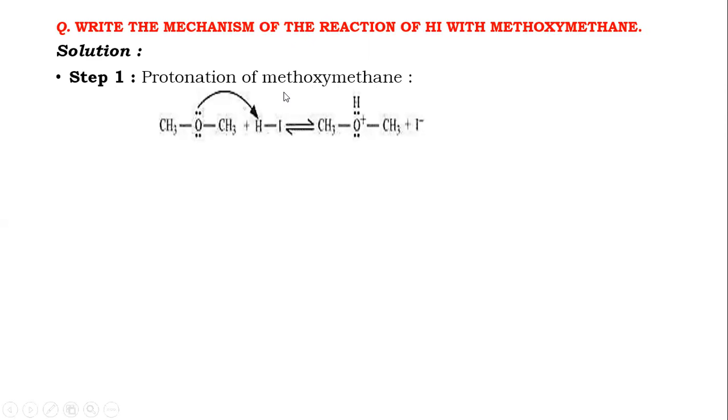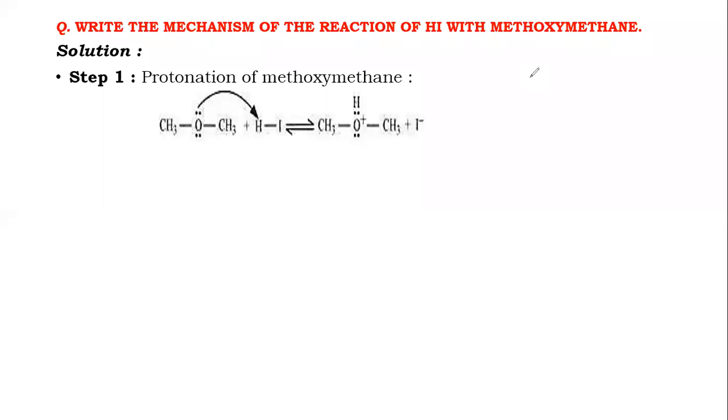That is, the lone pair of electrons present on the oxygen of methoxymethane attacks the proton, and as a result protonated ether is formed, and iodide ion is liberated as a nucleophile.